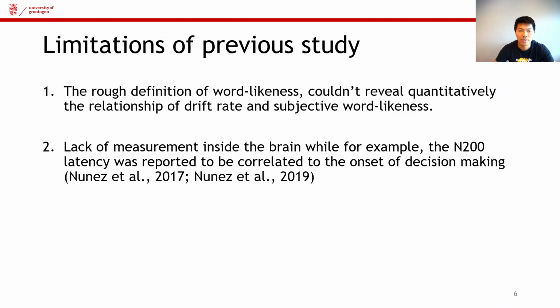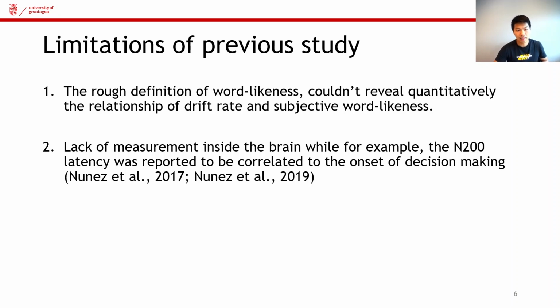However, there are several limitations of the existing studies. Firstly, the definition of word likelihoods is pretty rough, and it couldn't reveal quantitatively the relationship between drift rate and subjective word likelihoods.